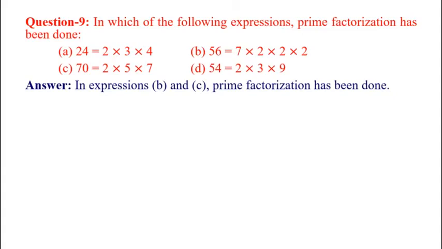Then 56 is equal to 7 into 2 into 2 into 2. So this is prime factorization. Then 70 is equal to 2 into 5 into 7. This is also prime factorization because all the factors are prime numbers. Then 54 is equal to 2 into 3 into 9. So this is not prime factorization because 9 is not a prime factor.